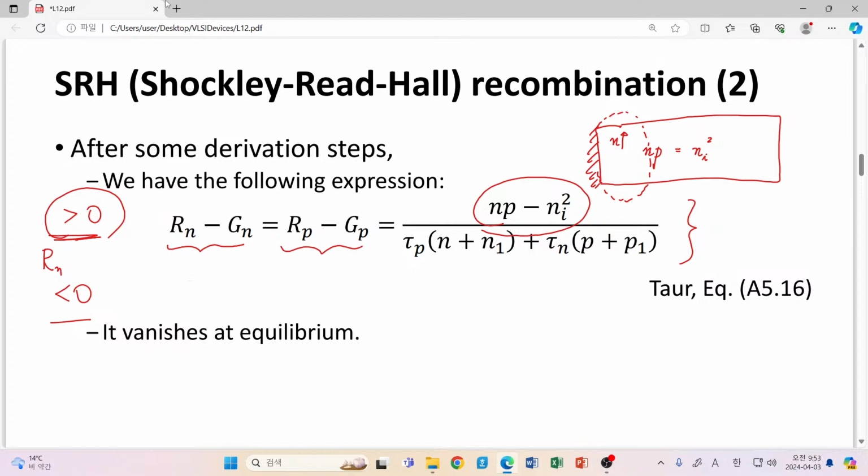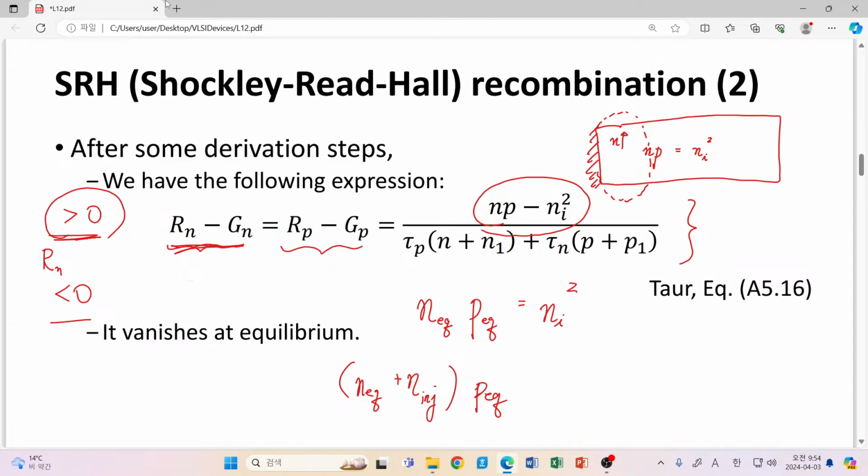So for a short time, in this area, electron density is somewhat higher than its equilibrium value. Now let's consider the sign of our net recombination. Previously at equilibrium, let's call it NEQ and PEQ, the product was equal to Ni squared. But now electron density was intentionally increased, and it is given as the equilibrium density plus the injected one, while hole density is equal to the previous one.